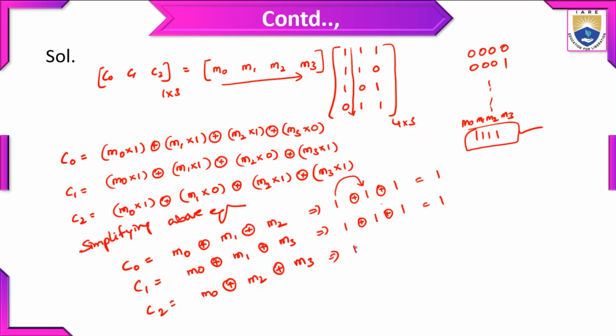Like this, 1. So for the code vector you get 1 by 7. In this way, we generate all the code vectors.